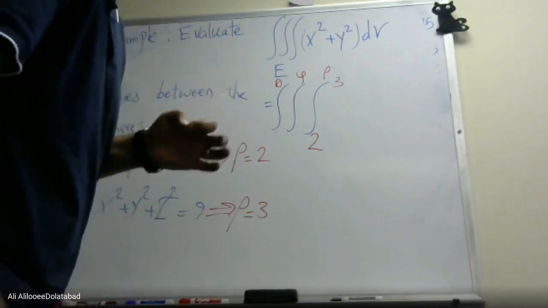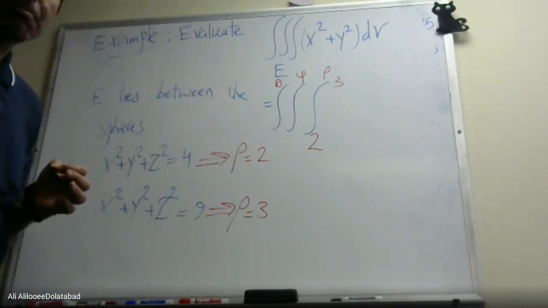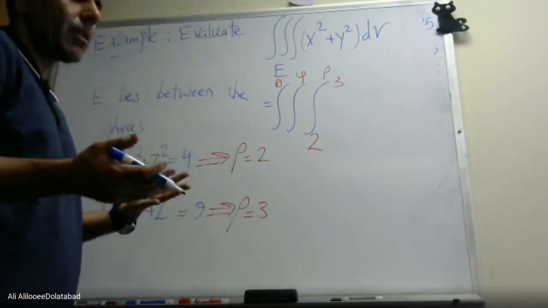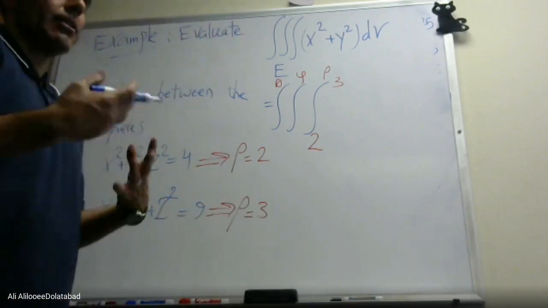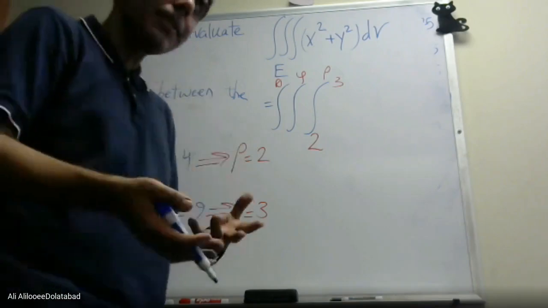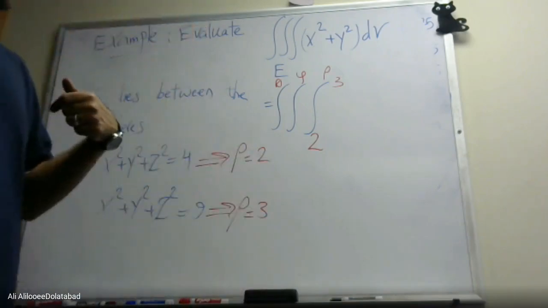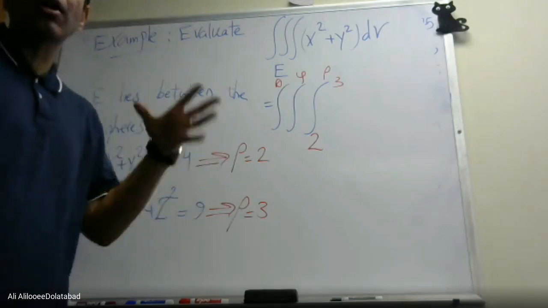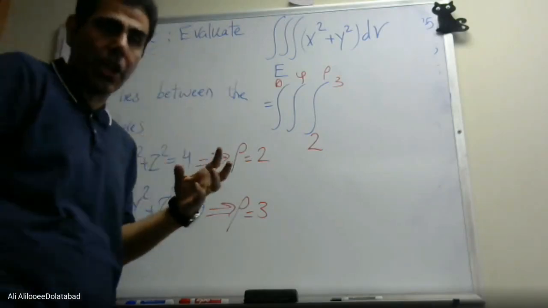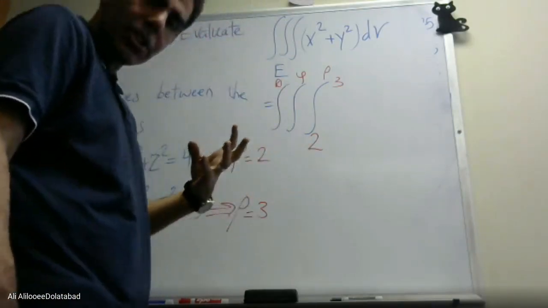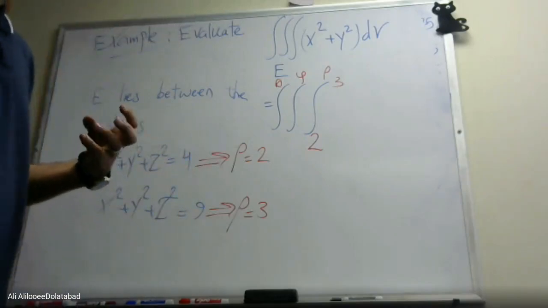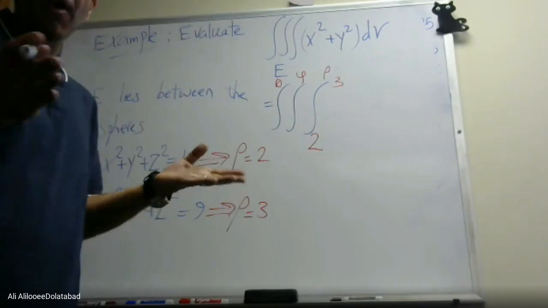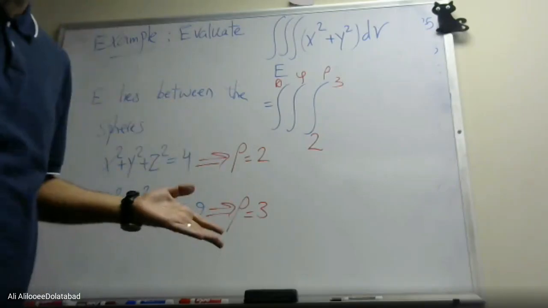I want to explain more about this. What does it mean when I'm saying that we have no restriction on phi? Restriction means something like this. For example, if this solid were considered in the first octant, it means x, y, and z are positive. You see, it is a restriction. The impact of this restriction usually can be seen on phi and theta. But here you have no restriction on phi and no restriction on theta.